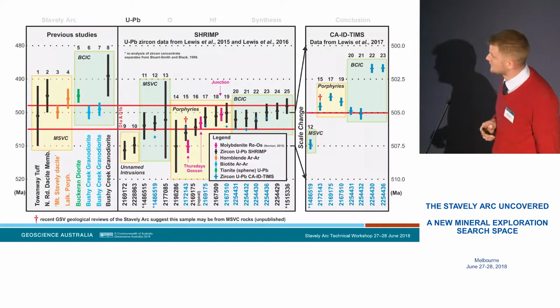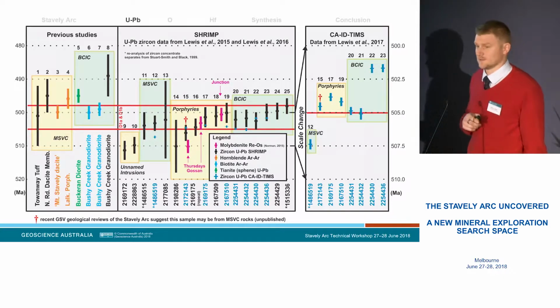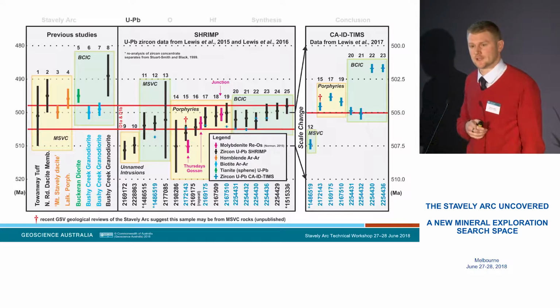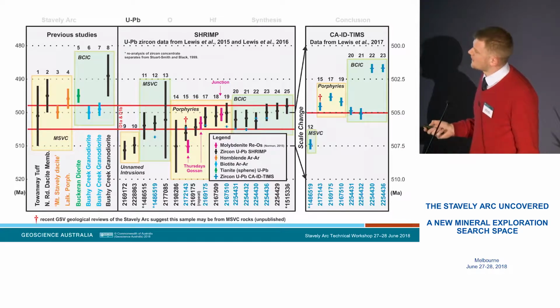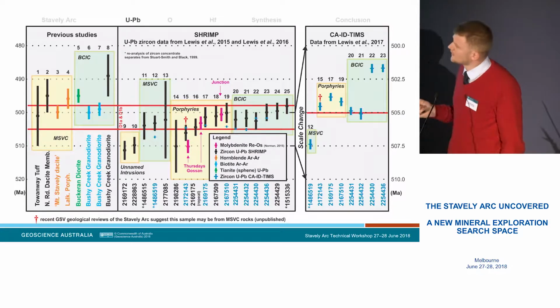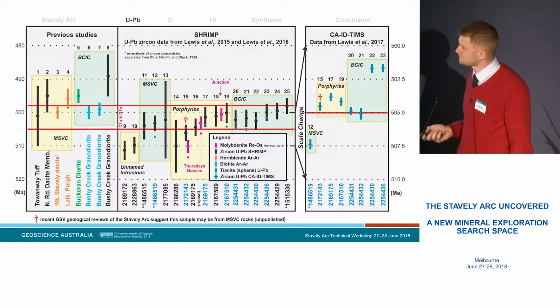So here's an updated version of the time-space plot that you saw in Dave Taylor's talk. Prior to our project work in the Stavely area, there was a lot of disparate ages that had a very large spread of almost 20, 30, 40 million years. And there's a lot of different techniques. So in the black here you have uranium-lead zircon dating.